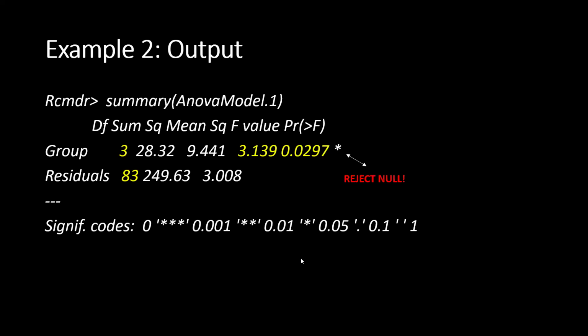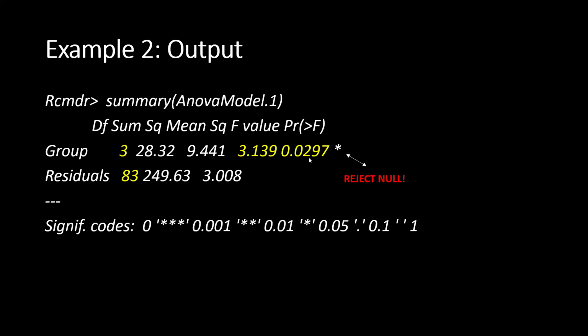So here is the output as it pertains to the prior data that we had applied a one-way ANOVA to. As you can see, we also have our degrees of freedom for the group and the residuals. Remember, we had group A, group B, group C, and group D. Here's our F value, and here is our P value.